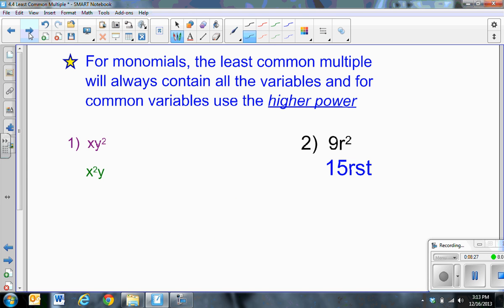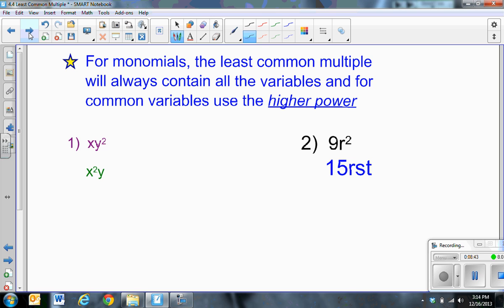All right. For monomials, the least common multiple is always going to contain all of the variables, okay? And for the variables that are in common, it'll always include the higher power, okay?